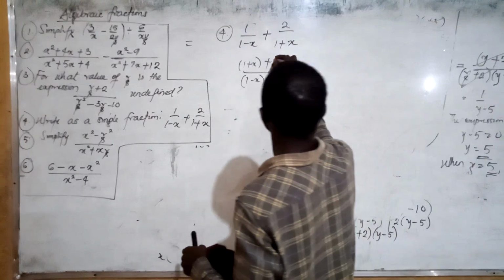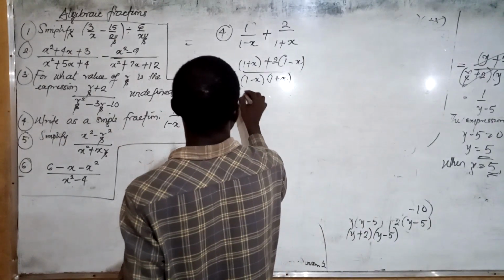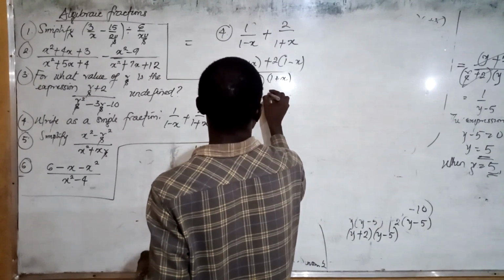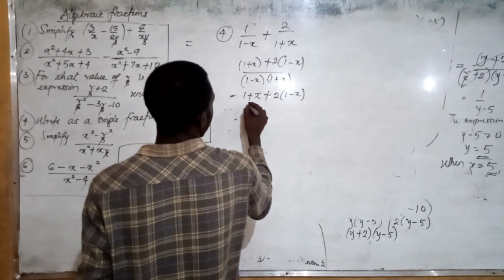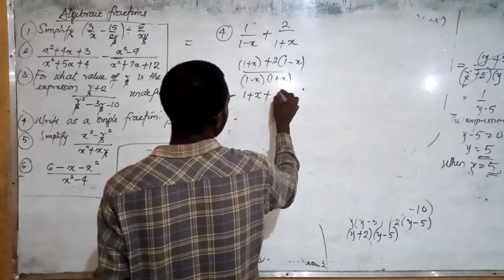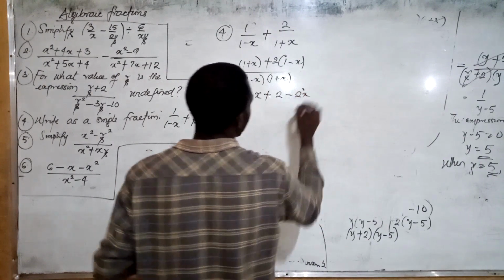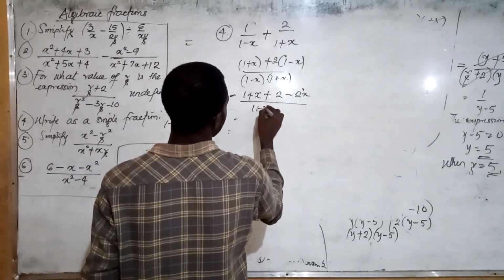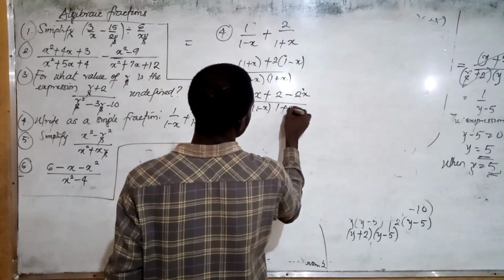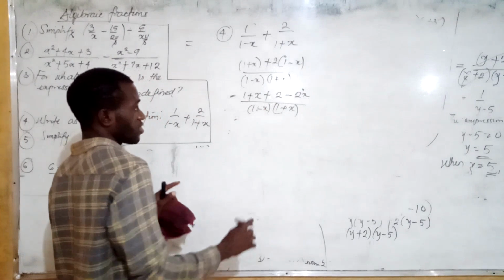This by this will give us 2 into bracket 1 minus x, right? So that we have 1 plus x plus 2 into bracket 1 minus x. So 2 will open the bracket to give us 2 times 1, 2, minus 2 times this will give us 2x, right? All over 1 minus x and 1 plus x. Either way, you can write 1 plus x first before 1 minus x. It doesn't change it, right?